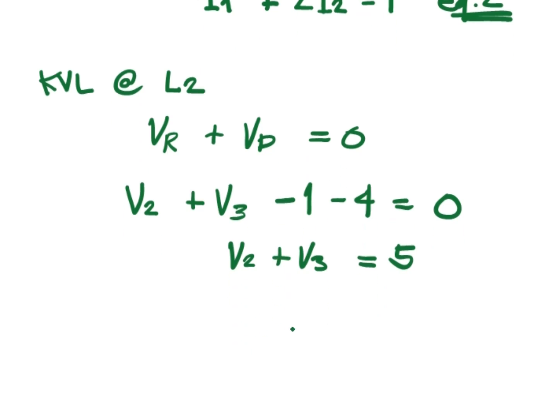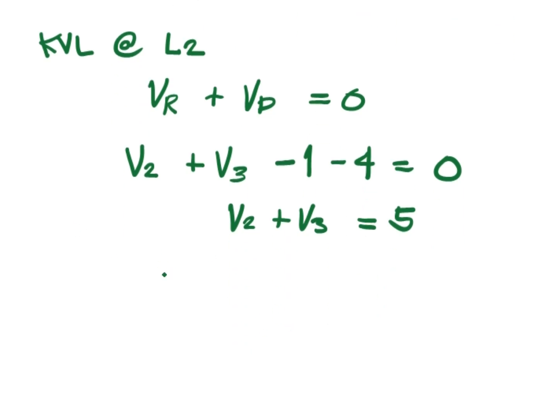Now again, from Ohm's law, this is I2 R2 plus I3 R3 equals 5. But resistor 2 is 2 ohms, so this is 2 I2.